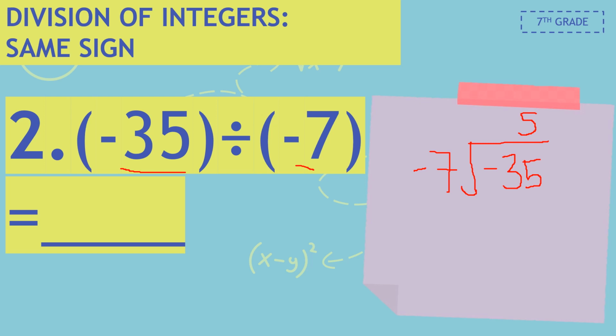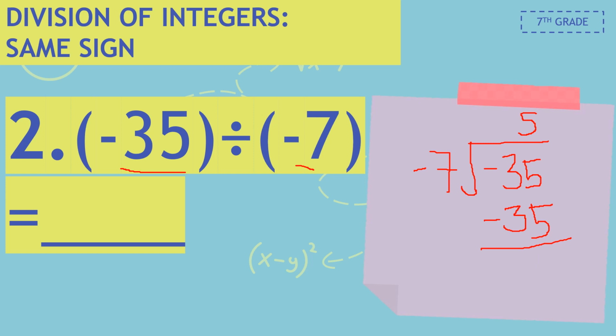Now, what is 5 times negative 7? 5 times negative 7 is 35 as well. 5 times 7 is 35. Then you're going to minus the two numbers.